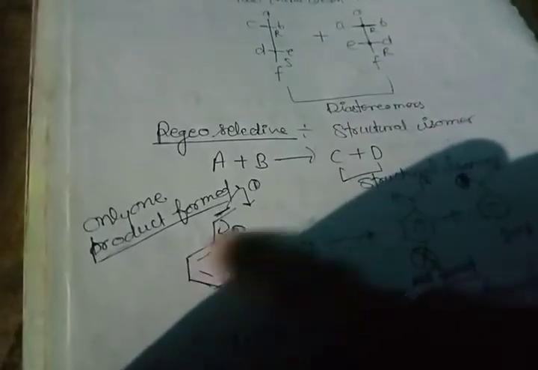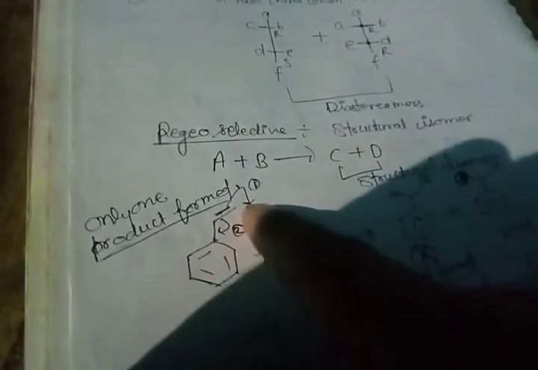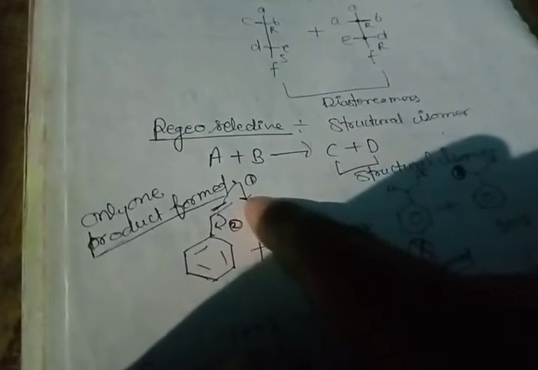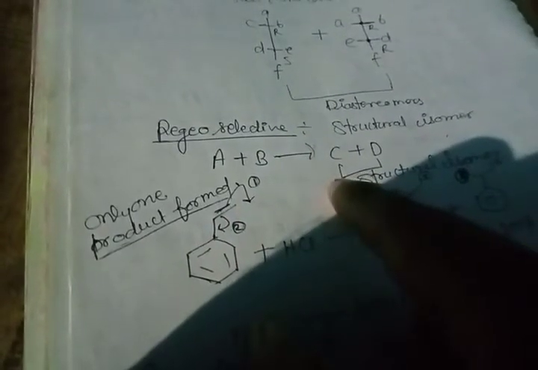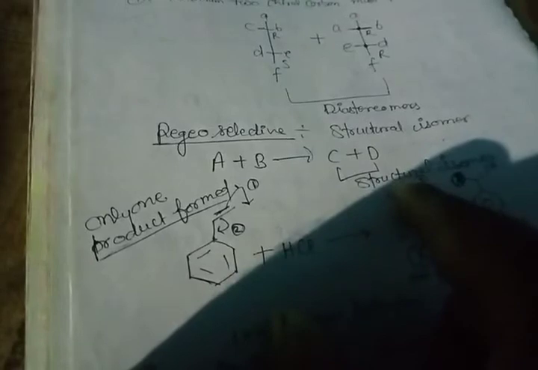Regioselectivity. What is regioselectivity? That means in regioselectivity they are structural isomers. A plus B form C plus D. In regioselective reactions, there is always formation of one product. They are stereoisomers.